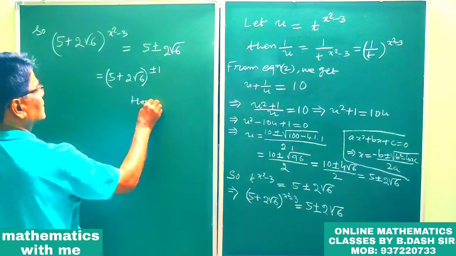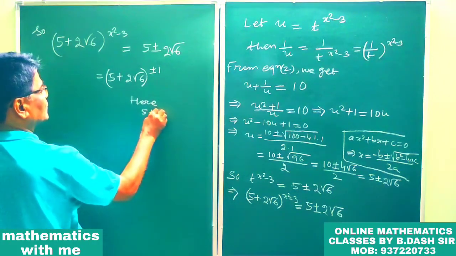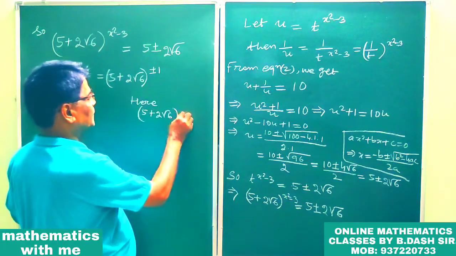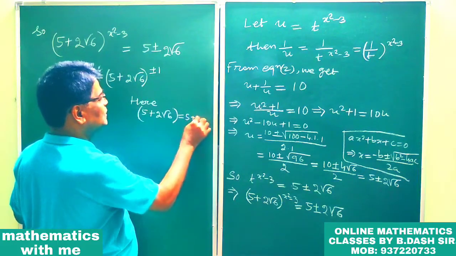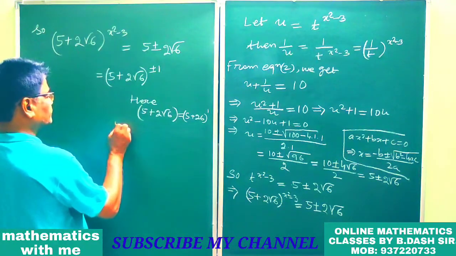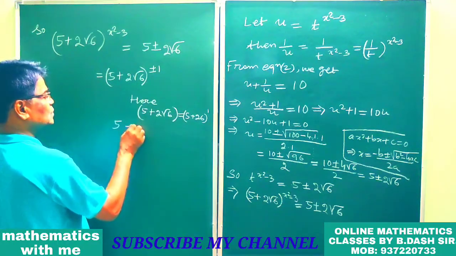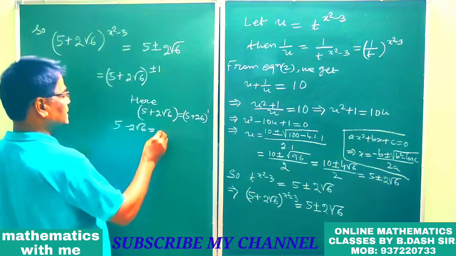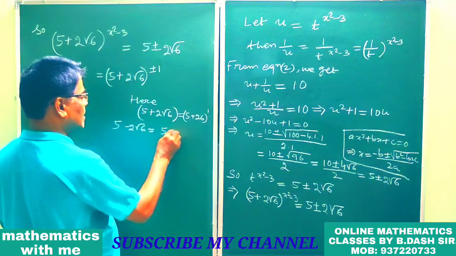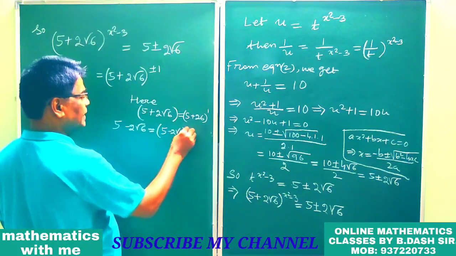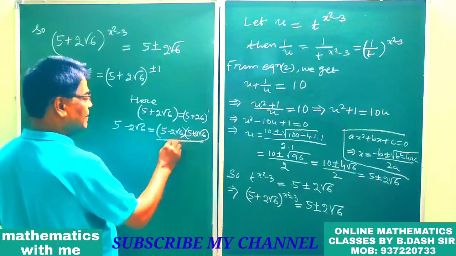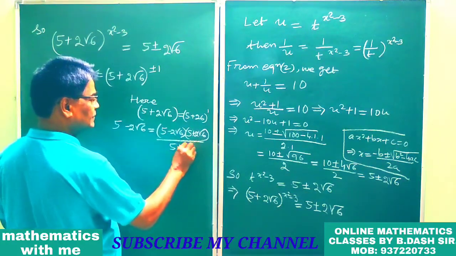Here, 5 plus 2 root 6 is equal to 5 plus 2 root 6 to the power 1. Again, 5 minus 2 root 6 is equal to 5 minus 2 root 6 into 5 plus 2 root 6 by 5 plus 2 root 6.